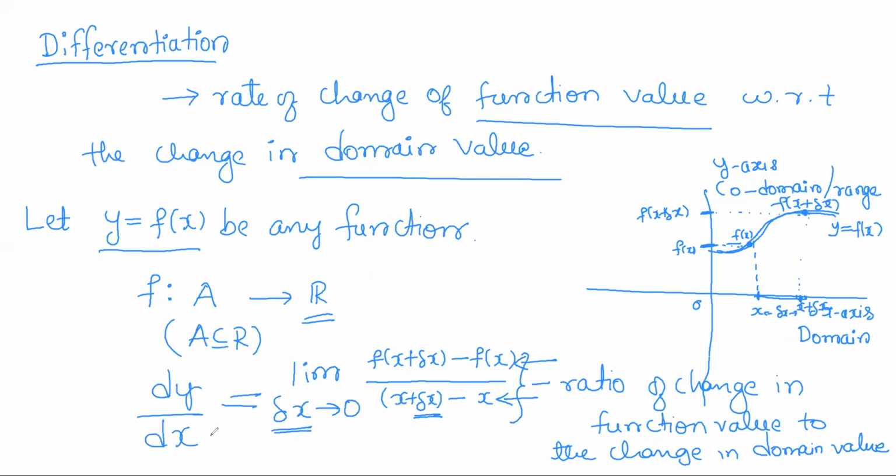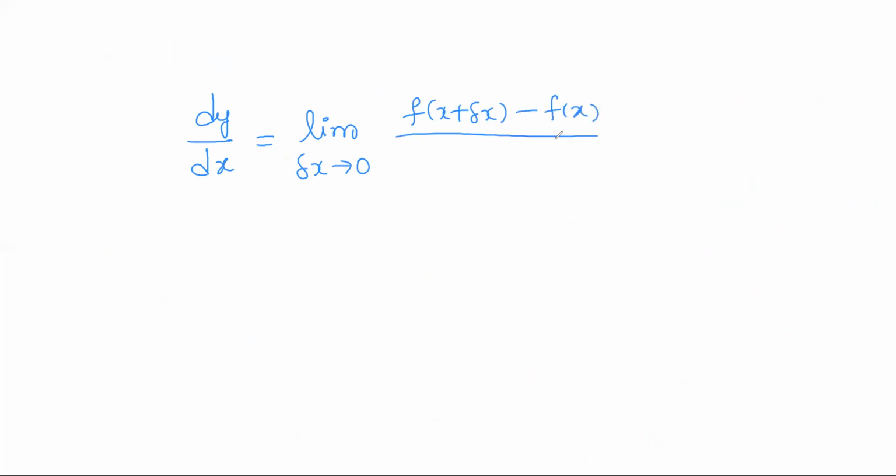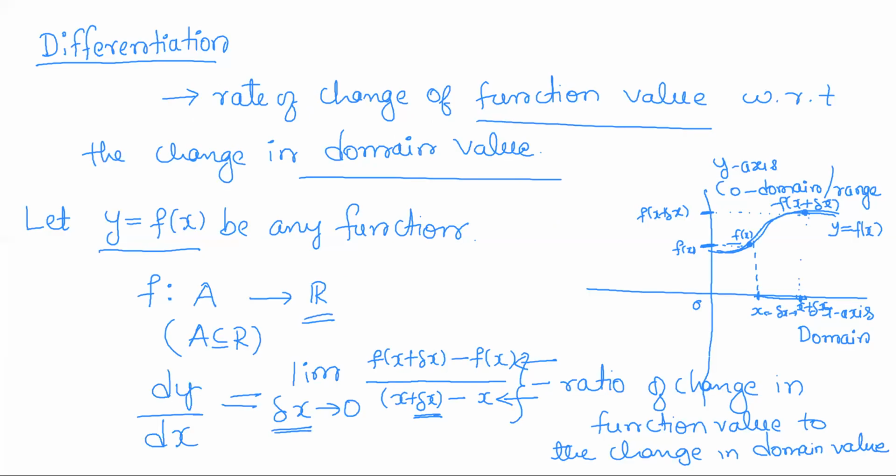So dy by dx is nothing but the limit as delta x approaches 0 of f of x plus delta x minus f of x by delta x. So what is the domain?